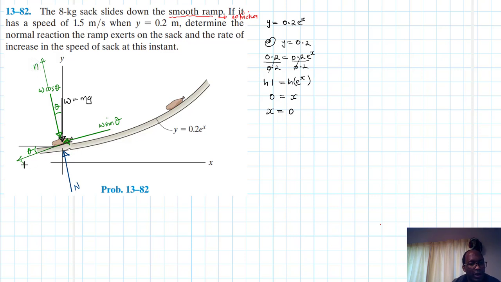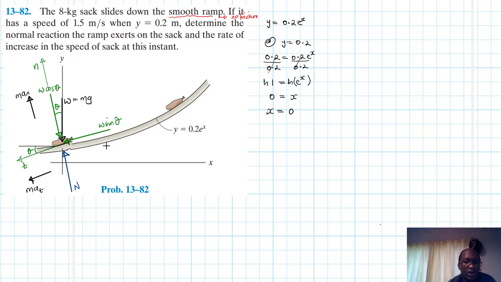Normal and tangential coordinates. And the kinetic diagram will show motion in this direction and motion in this direction. So this is our m a_t, this is our m a_n.